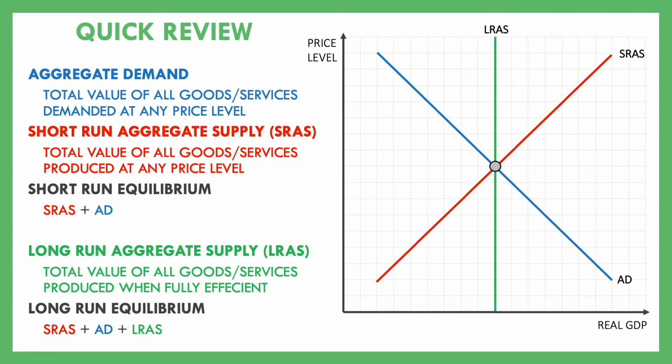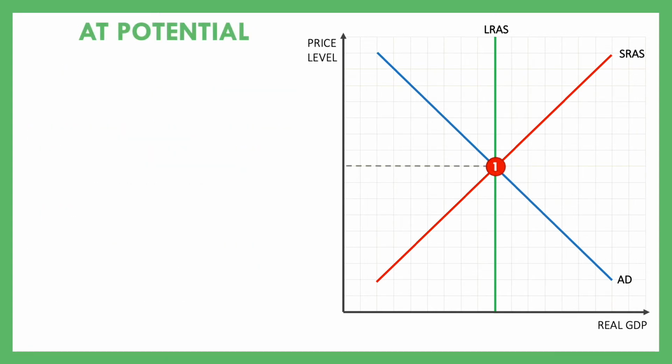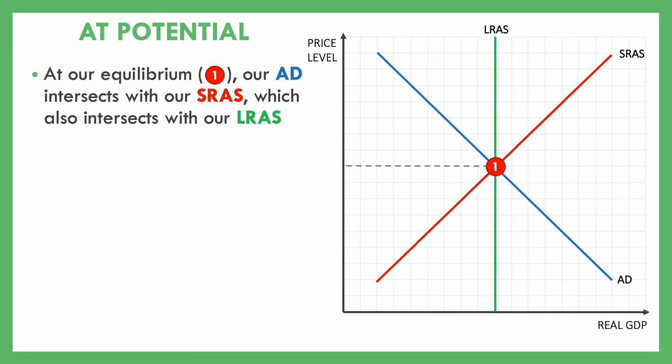So let's talk about a couple of different scenarios for how this model might look. We talked about this first one, our economy being at its potential. I want to draw our attention to that equilibrium, point number 1. At this equilibrium, we said it's the point at which aggregate demand intersects with short run aggregate supply, but it's also intersecting with long run aggregate supply. So what does that mean?